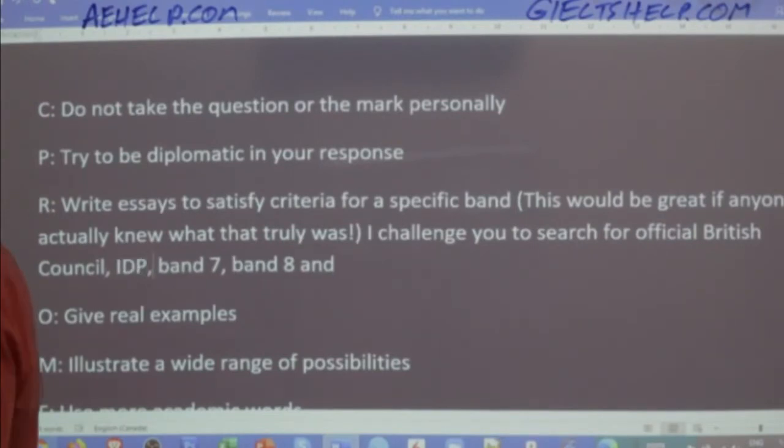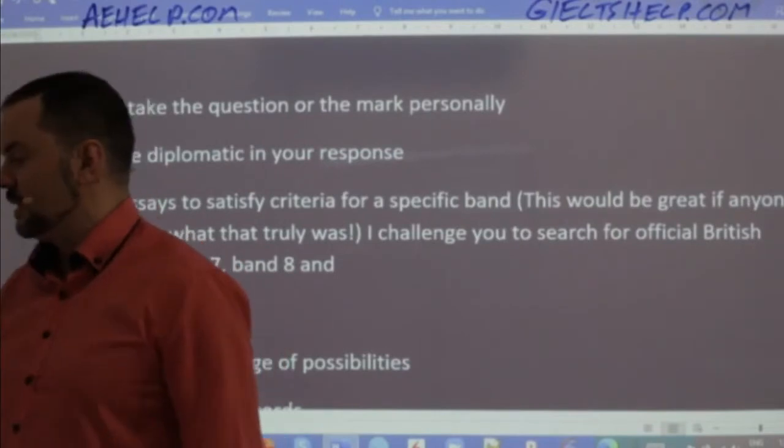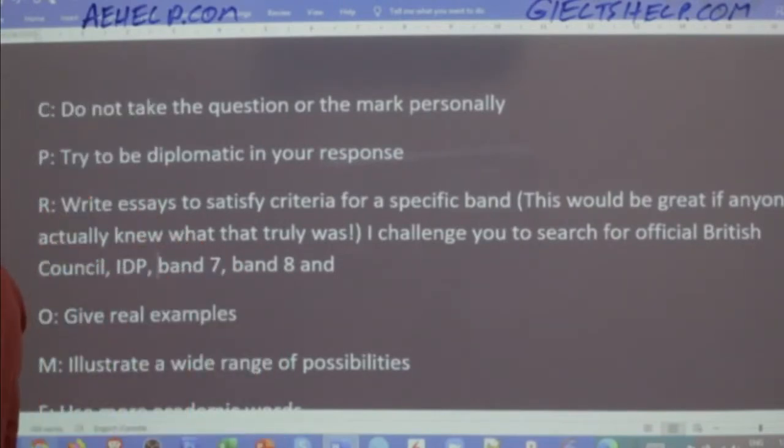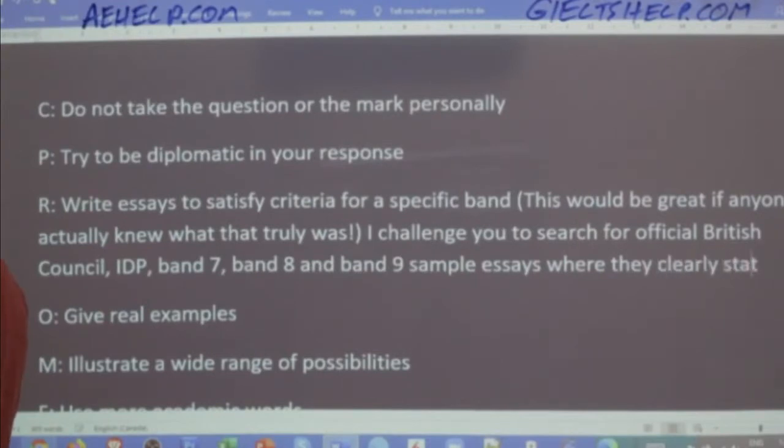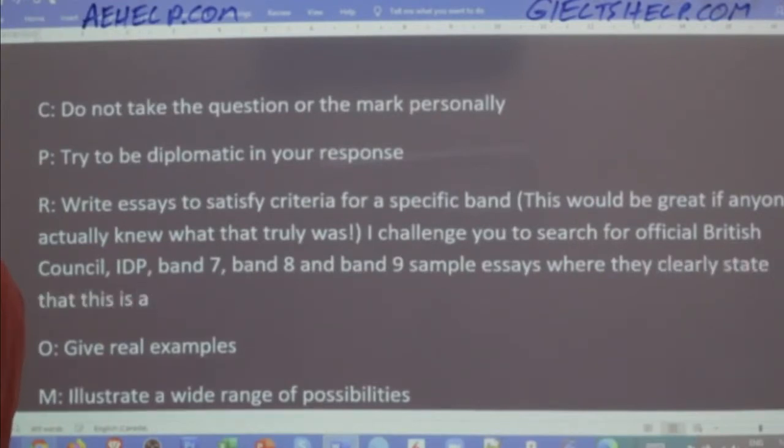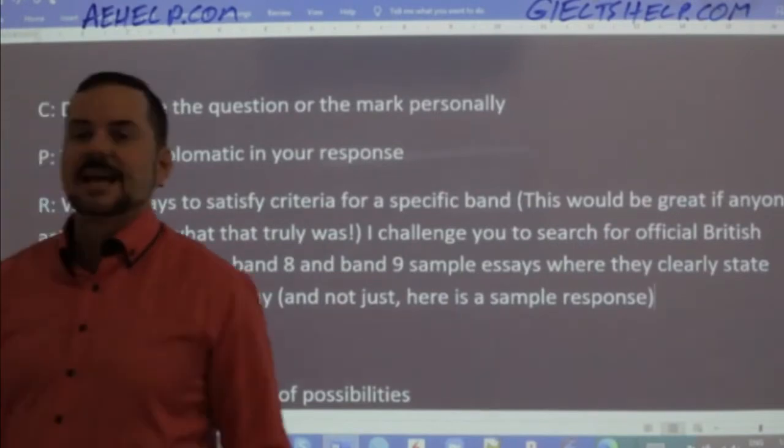So I challenge you to search for official British Council, IDP Band 7, Band 8, Band 9, sample essays where they clearly state that this is a Band 9 essay. And not just here's a sample response.